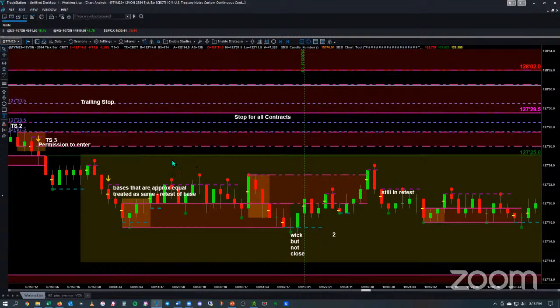And again, your trail stop at this point, you've got this whole noisy band area. So your stop is still going to be up here at the trail stop 2 area, because you haven't had anything significant happen from the base standpoint to make you feel like you can move your stop.